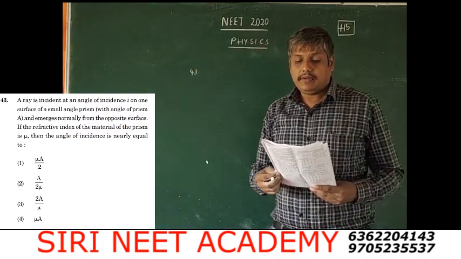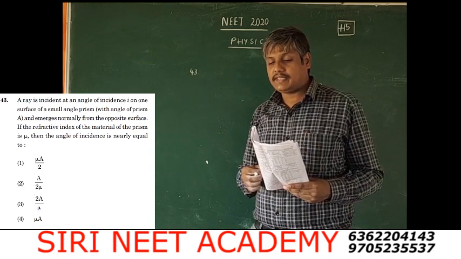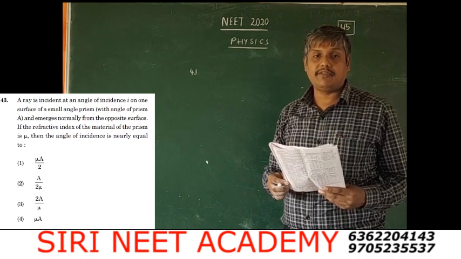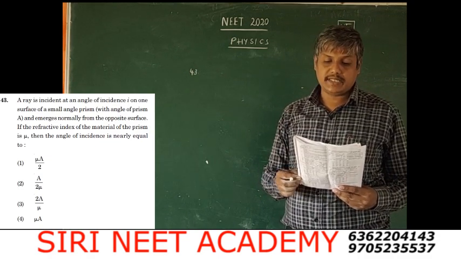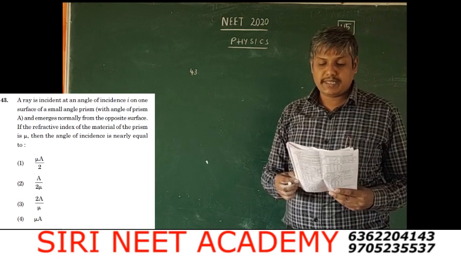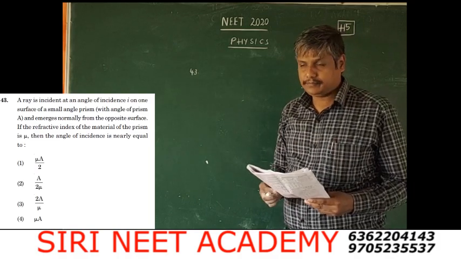Question number 43. A ray is incident at an angle of incidence i on one surface of a small angle prism with angle of prism A, and emerges normally from the opposite surface. If the refractive index of the material of the prism is mu, then the angle of incidence is nearly equal to.